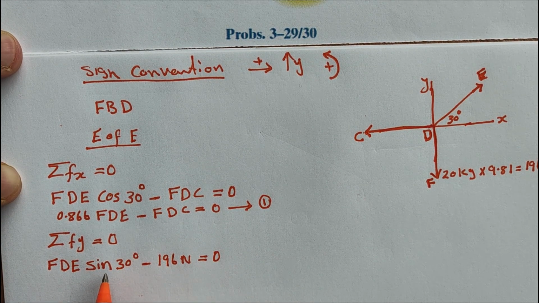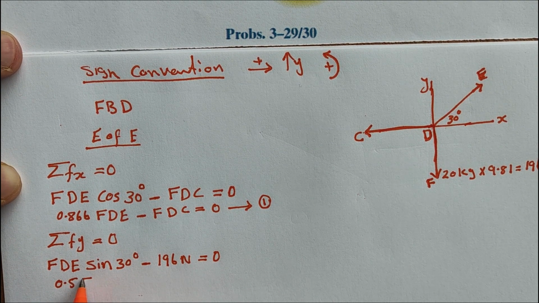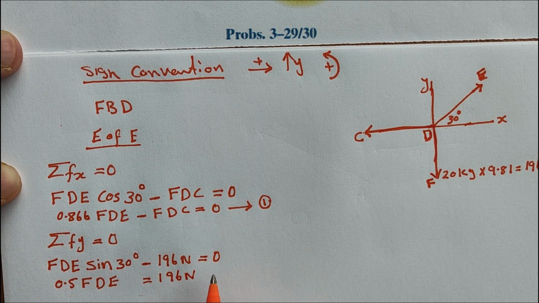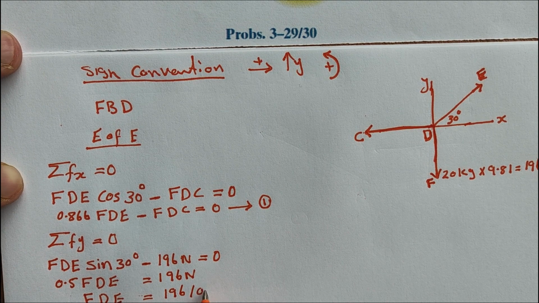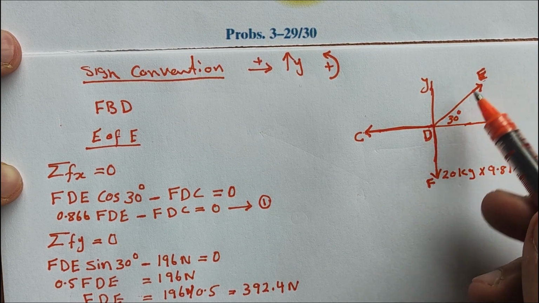From here we know that sine 30 is 0.5, so 0.5 FDE equals 196 Newton when we take this to the other side. So we can find FDE equal to 196 Newton divided by 0.5, which will equal 392.4 Newton. This is FDE, this force in here.